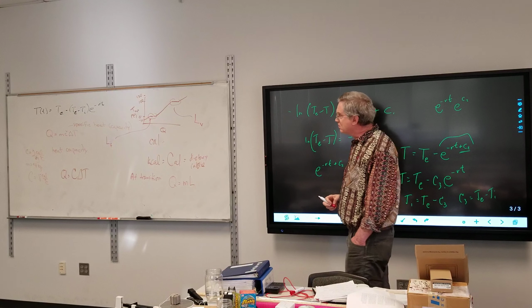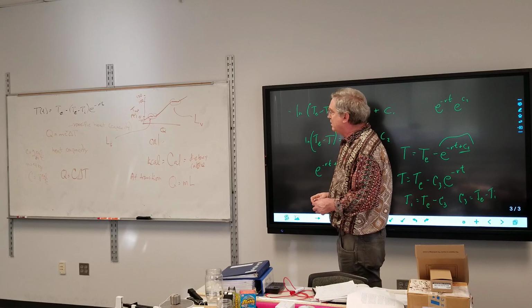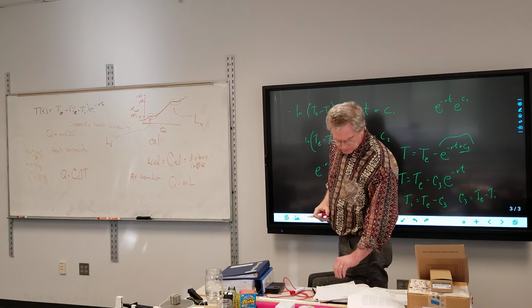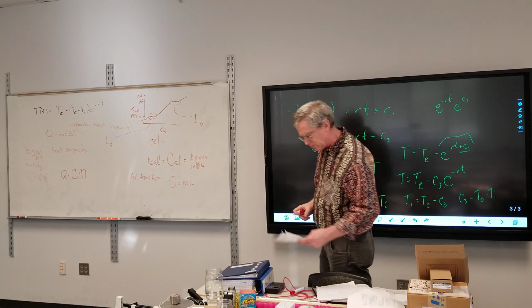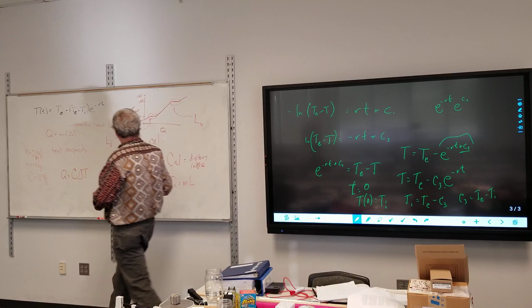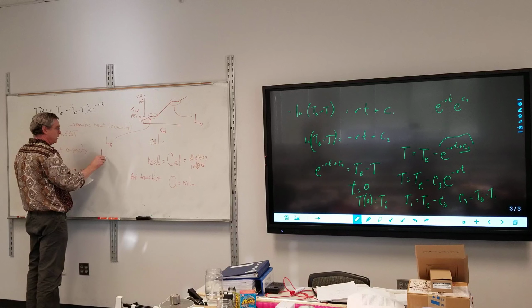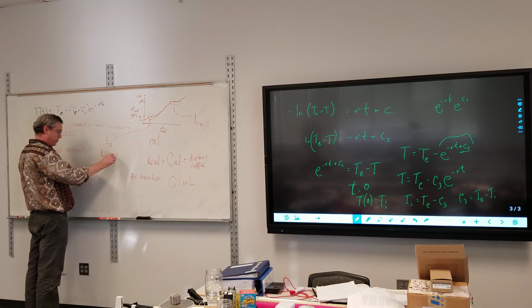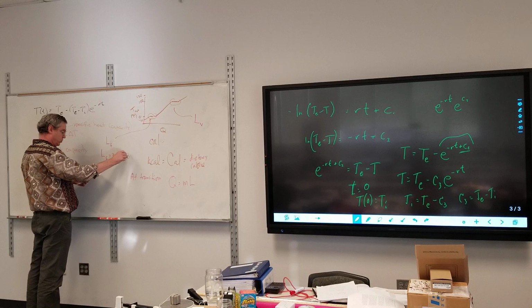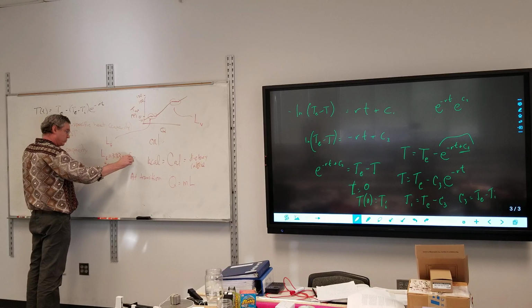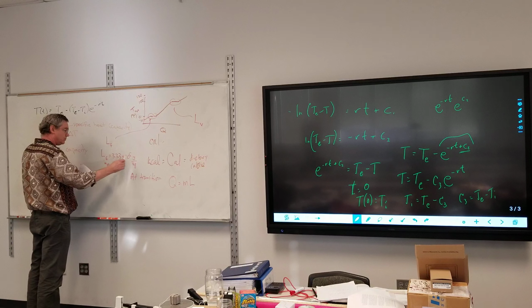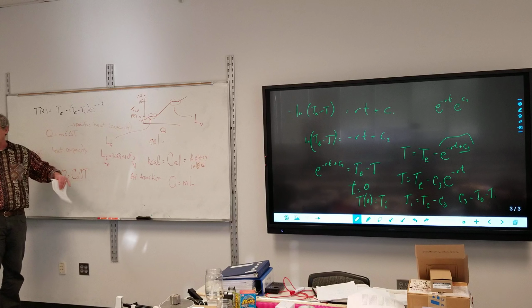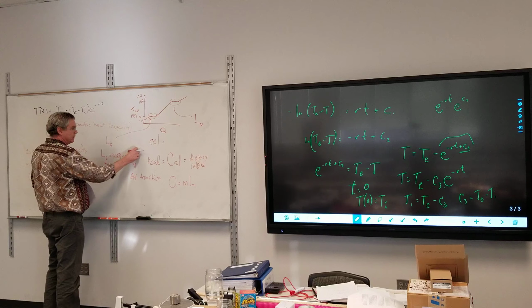So for water, the latent heat of fusion of water, 3.33 times 10 to the fifth joules per kilogram. Notice that there's no temperature aspect in there because we're not having to change the temperature here.